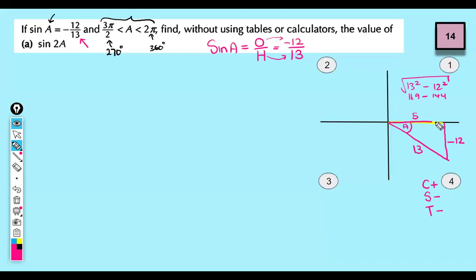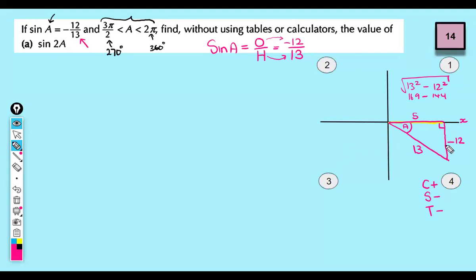Now, this value, like I said, has to be a positive value because it's touching what? The positive side of the x-axis. If the triangle was on this side and you did the calculation and you got positive 5, all you have to do is just put a minus sign in front of the 5. So whenever you're doing the calculations to find the missing sides, ignore the minus signs, do your calculations, and with the answer you get, reason out if it is a positive or a negative answer, depending on where it is situated.